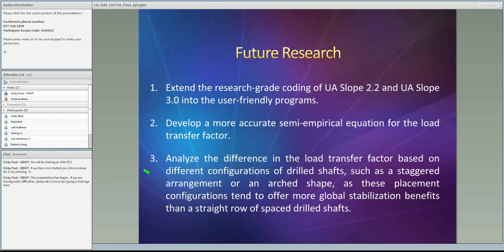So we have to analyze this part because this is very important for practical engineering. And number 4 is develop a more efficient algorithm for calculating multiple rows of drilled shafts, because currently we're calculating this artificial slope with 6 layers.